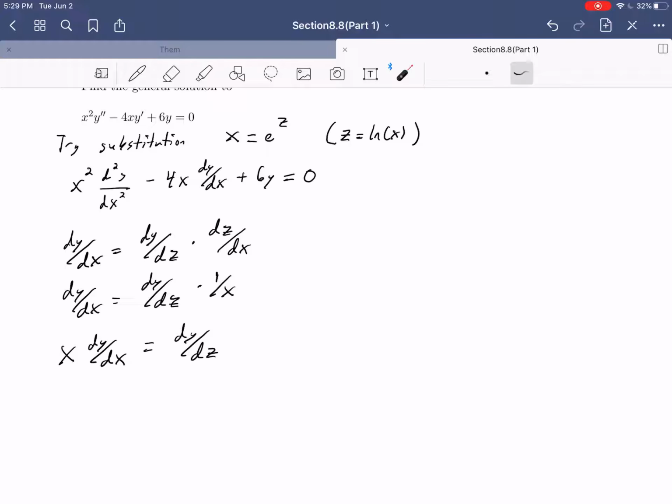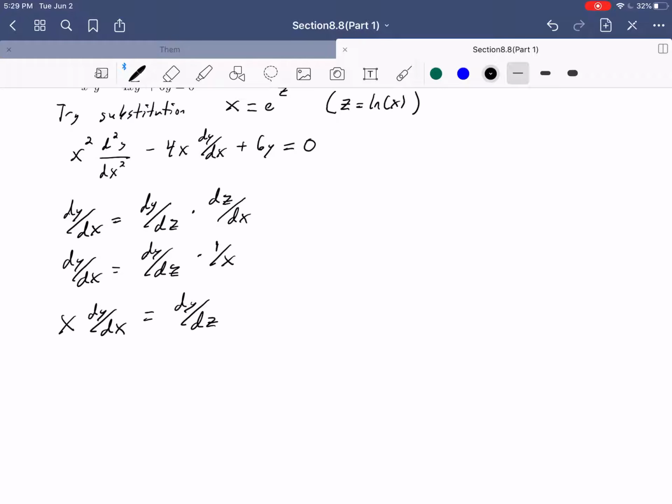Now, the reason that this is so interesting is that notice we have an x dy/dx term right here. This term is going to be replaced by y's derivative with respect to our new variable z. Just to make things a little bit easier, we're going to let D represent, normally that's our differential operator, the derivative of y with respect to x, but now we're going to treat it as the derivative with respect to z.